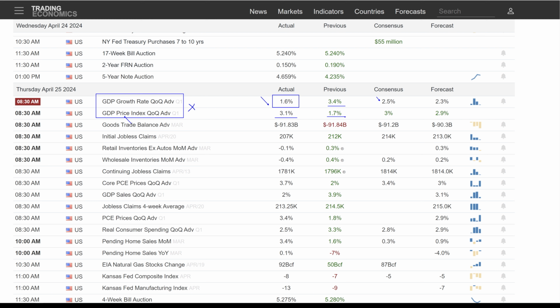Wow, from 1.7, that took a hit. Core PCE prices quarter over quarter, 3.7, coming from 2%. We were expecting obviously an increase, but even beyond that, it was worse than expected. And PCE prices also coming up 3.4 from 1.8. That really caused the market to sell off.